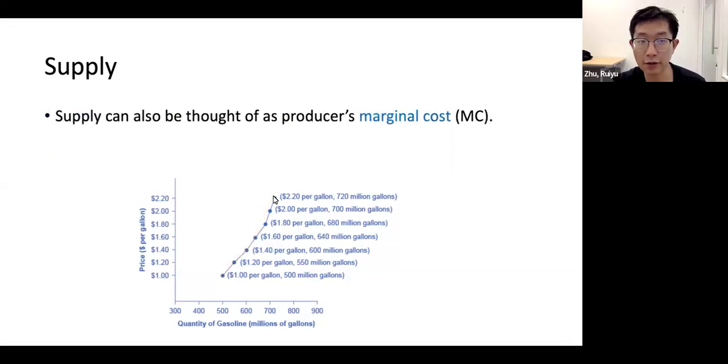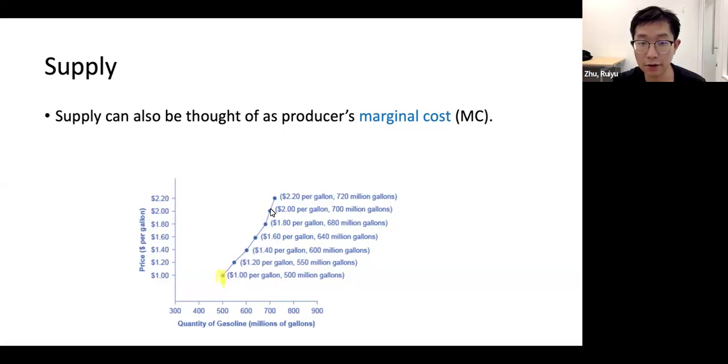This supply curve can also be thought of as the producer's marginal cost. For example, if the producers are already producing 500 million gallons of gasoline, the marginal cost here is $1, which means to produce the next gallon, they have to pay a cost of $1.